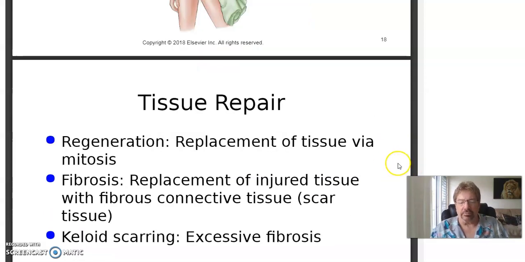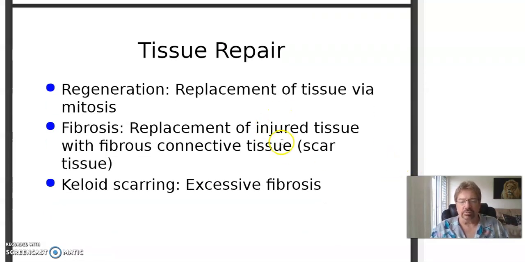Tissue repair. Regeneration is replacement of tissue via mitosis. Remember what mitosis is. Cell division is how cells reproduce. They split, boing, and you have two identical daughter cells. Fibrosis is replacement of injured tissue with fibrous connective tissue, which is commonly known as scar tissue.